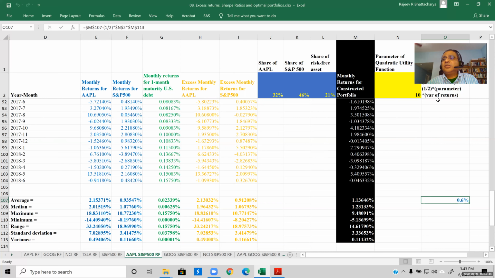The share of Apple is 32%. The share of the S&P 500 is 46%. The share of the risk-free asset is, okay, let me make sure I'm getting this right. M107 minus N2 times M130. What if it is 200?